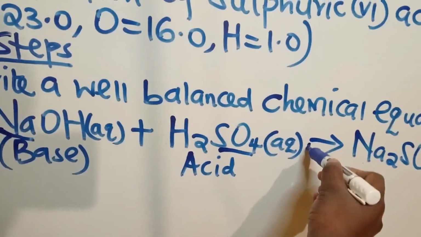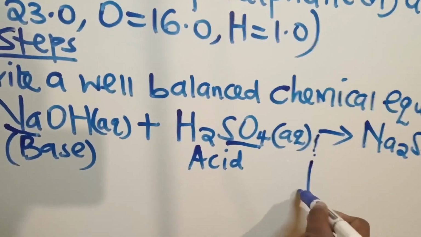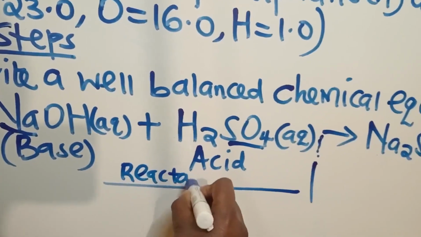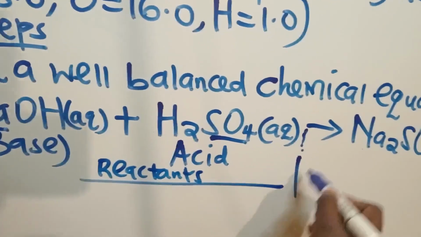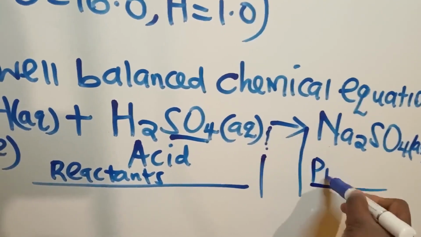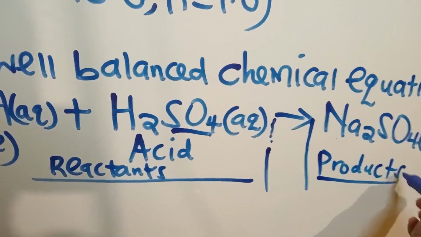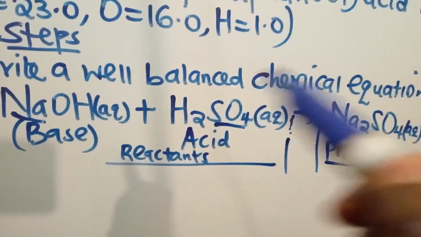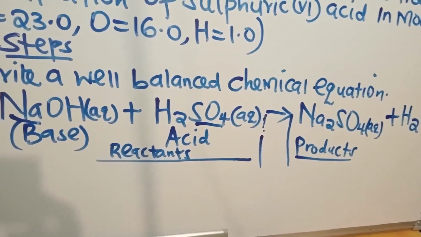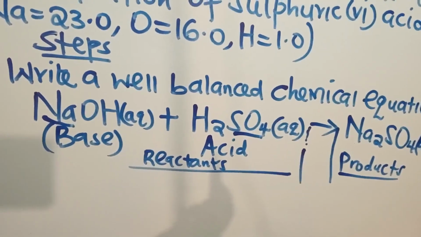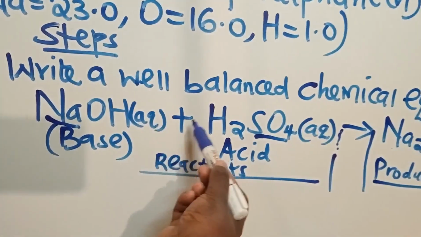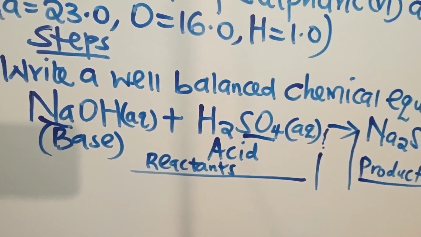So from where we have the tail of the arrow, this side, we say that this is the reactant side, and from the head of the arrow, that side, that is the product side. So each and every element should be having an equal number on both sides. And as usual, again, we go following the different elements as they have been arranged in the equation.